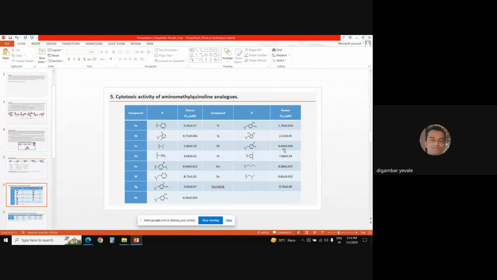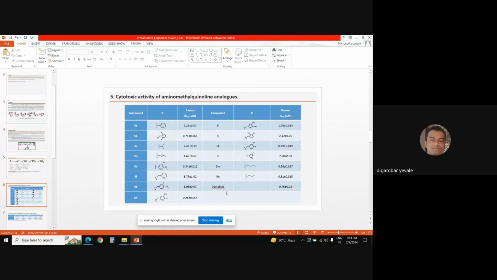So this is the cytotoxic activity we have run against the Ramos cell. Ramos cell is isolated from a Burkitt lymphoma patient, a 3-year-old child from America. And we tested all these 14 analogs using this cell line, and the results are monitored in micromolar.